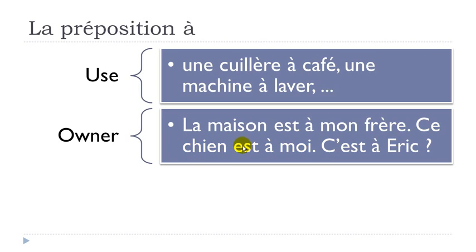So it's possible to put a noun after, or a pronoun, like here, à moi, or the name of the person. C'est à Eric? Does it belong to Eric? It's a question in that case. So it's quite commonly used, this à, when you want to say that the person is owning the thing.